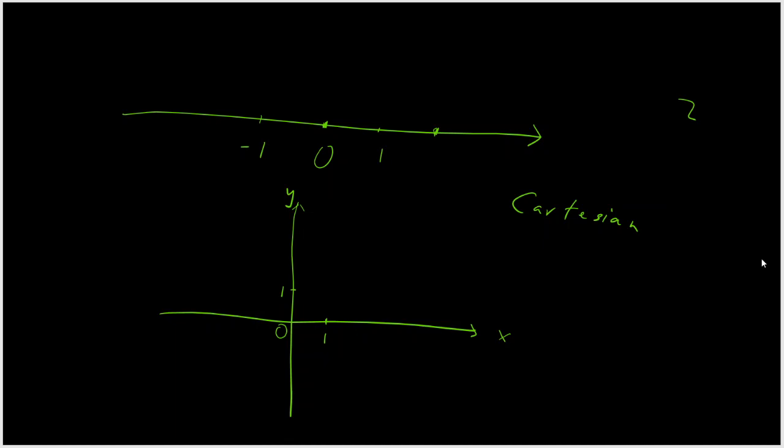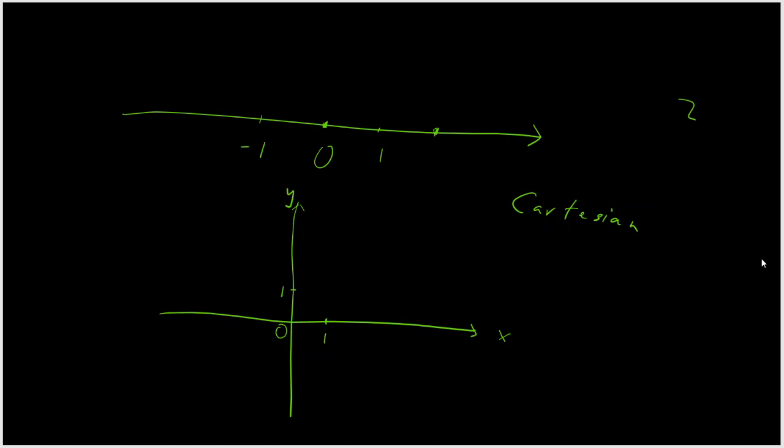There's a one-to-one correspondence between the points on the plane and the ordered pairs of real numbers. By that we mean their coordinates. Every point on the plane is represented by a unique ordered pair of real numbers.